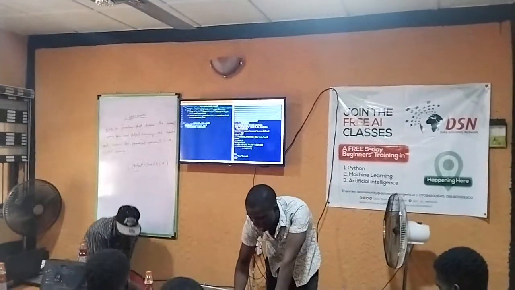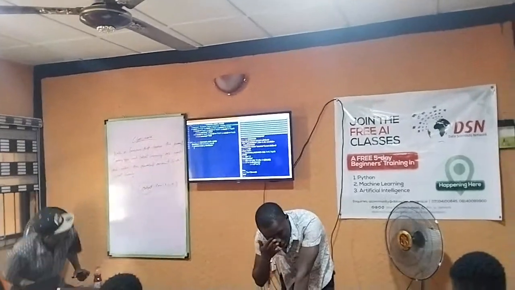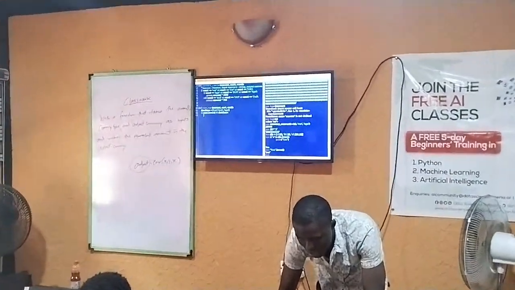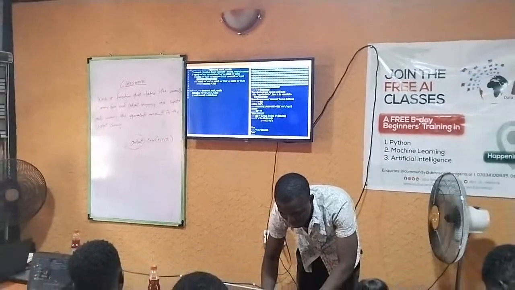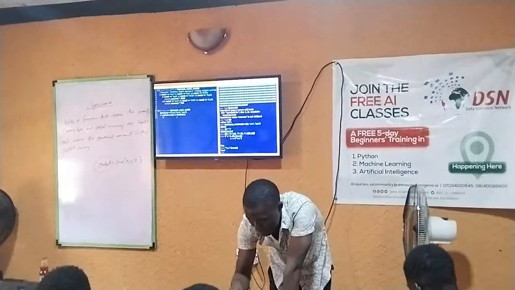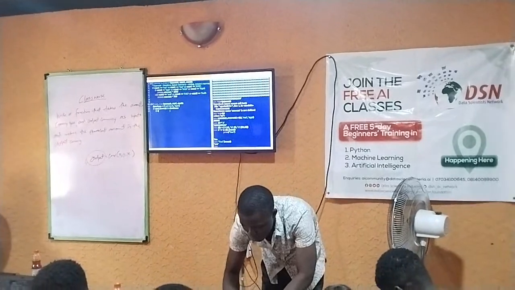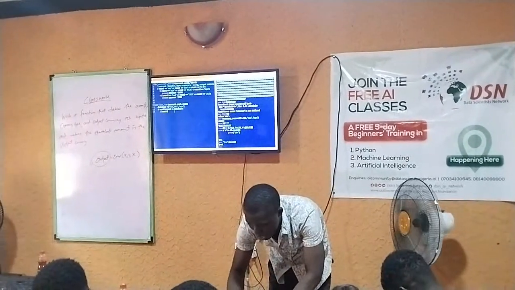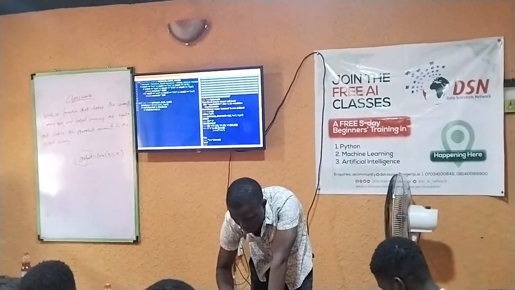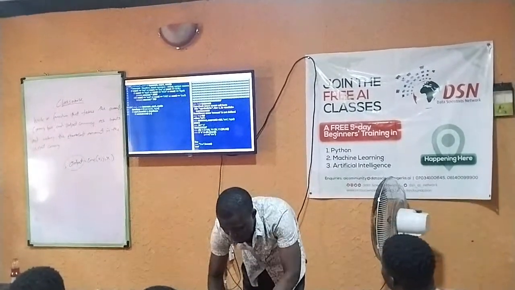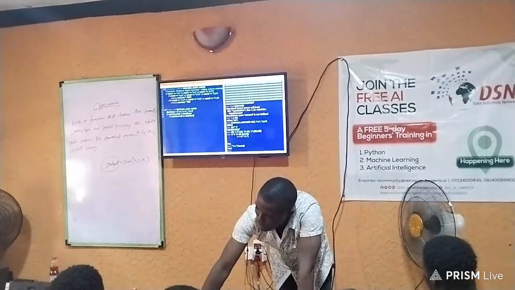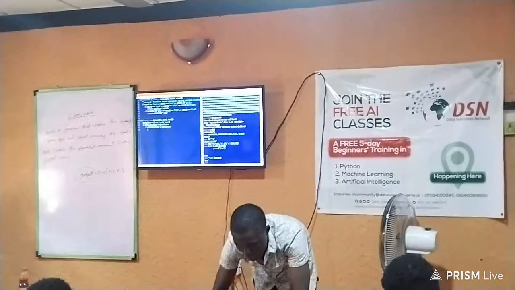If the first currency lower is in database, and if currency 2 dot lower is in database, then what should happen? Then you should return this amount.